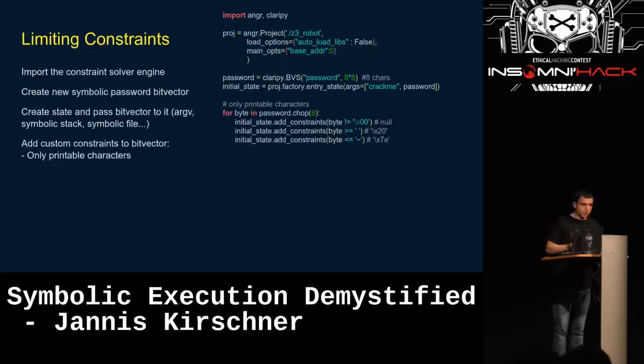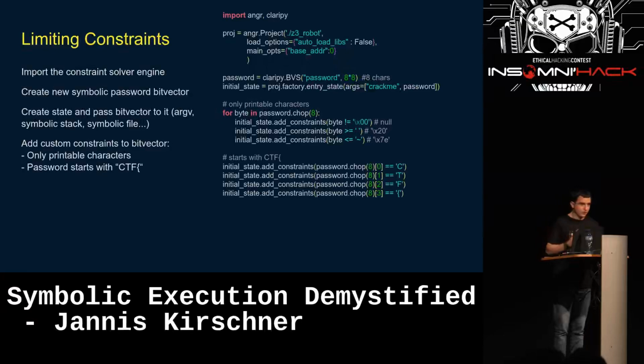And then you can apply constraints. In this case, only print out the human readable characters. It's the case for most CTFs, and it helps the framework to be a lot quicker because it doesn't have to evaluate anything, just the human readable stuff. Or if you know that your solution will start with a certain flag format, you can apply manual constraints that it has to start with that specific flag format, and also save a lot of computation time.